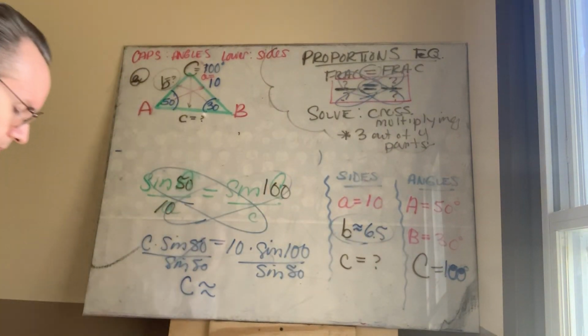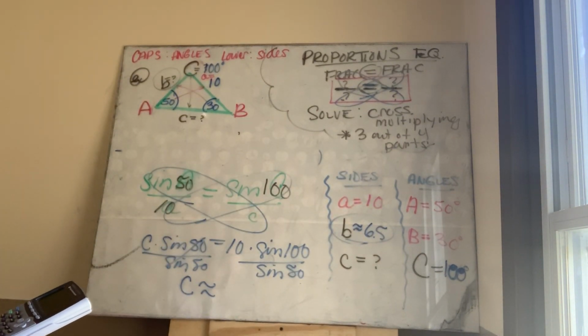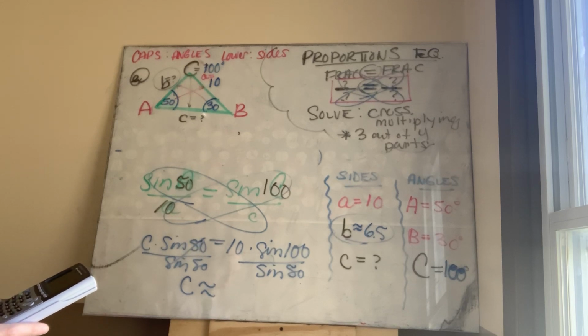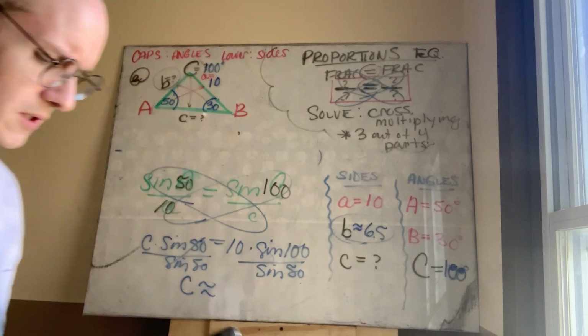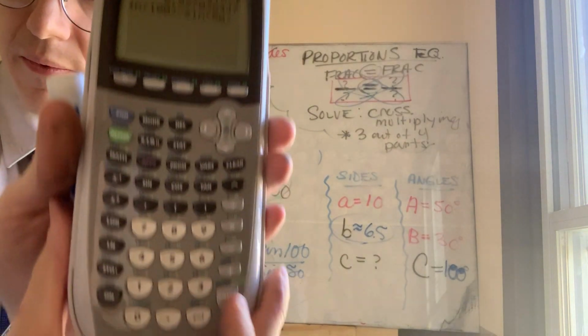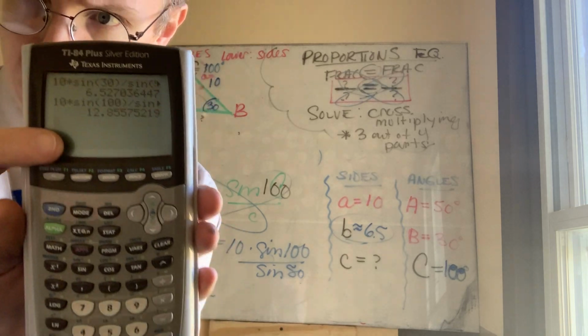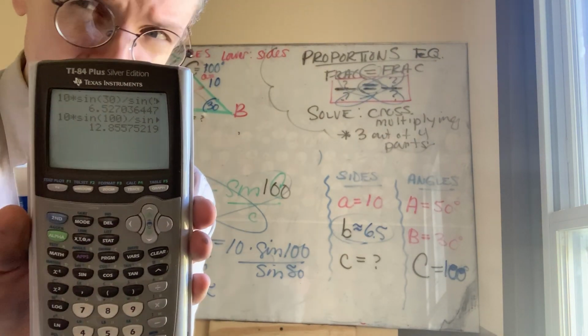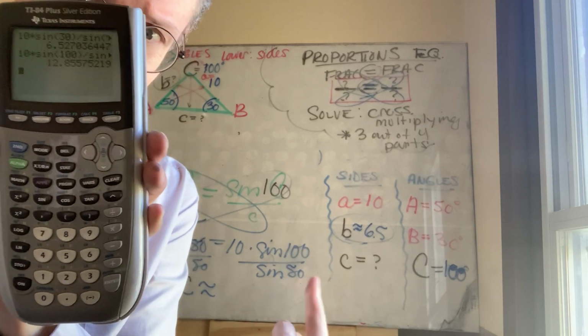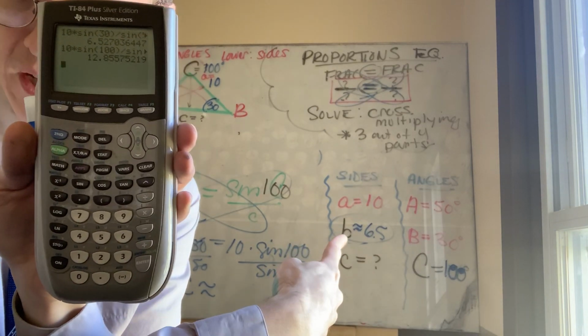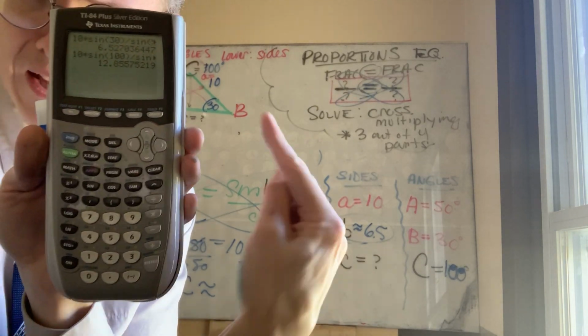So let's do that. 10 times the sine of 100 divided by sine of 50. All right, type that and see what you get. Another decimal, 12.855, whatever it is. So for the sake of consistency, if I rounded the B value to the tenths place, let me do the same thing.